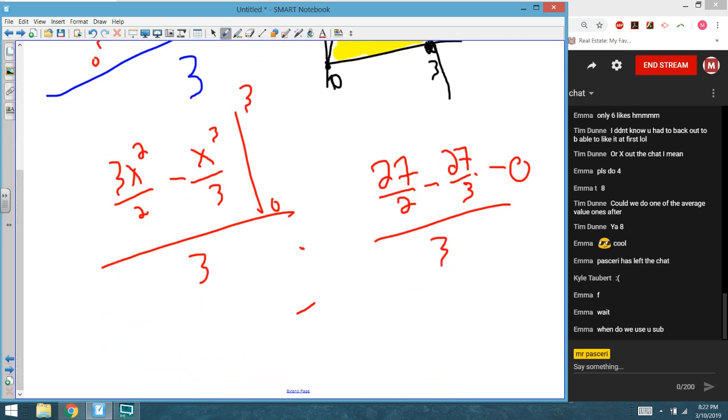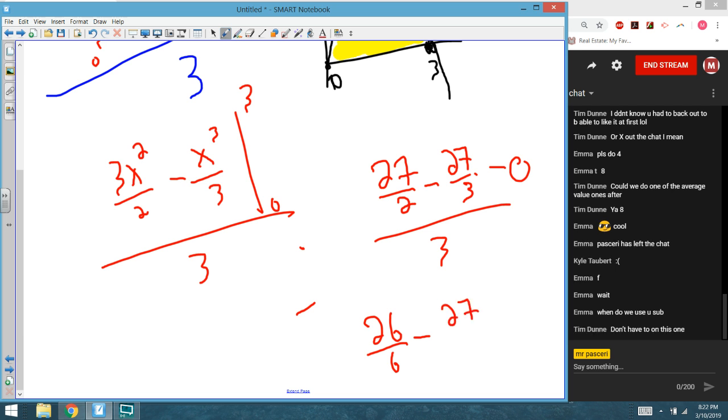Since I'm dividing by 3, this is 27 over 6 and this is 27 over 9. 27 over 6 is 9 over 2, and 27 divided by 9 is just 3. So 9 over 2 minus 3 is 3 over 2.